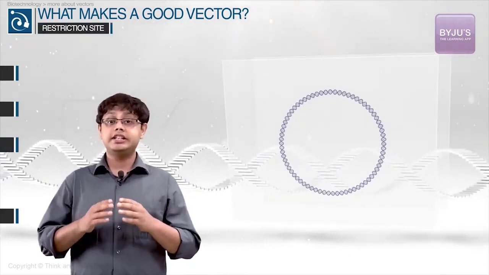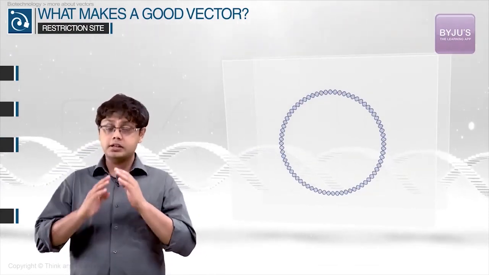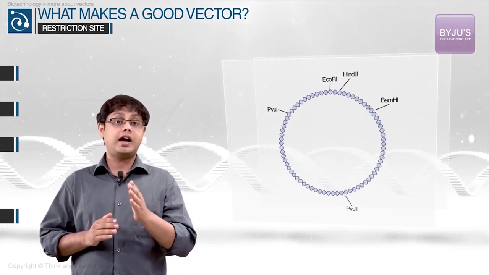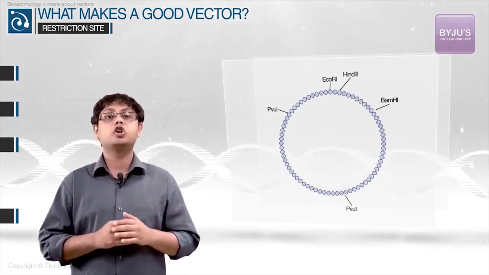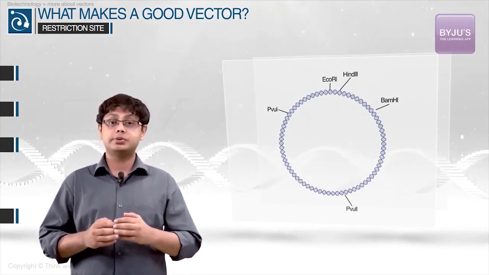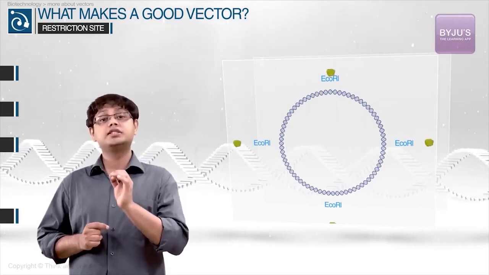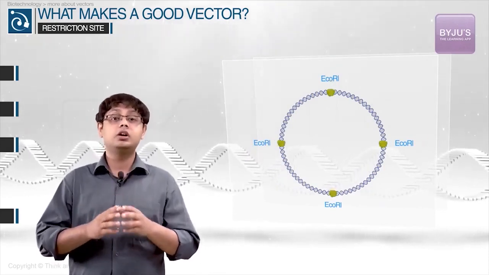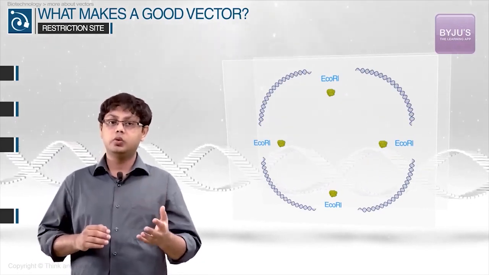So, these DNA sequences need to be present on a good vector. In fact, a good vector needs to have very few, preferably single, recognition sites for commonly used restriction enzymes. The presence of more than one restriction site for the same enzyme within the vector will generate several fragments, which will complicate gene cloning.